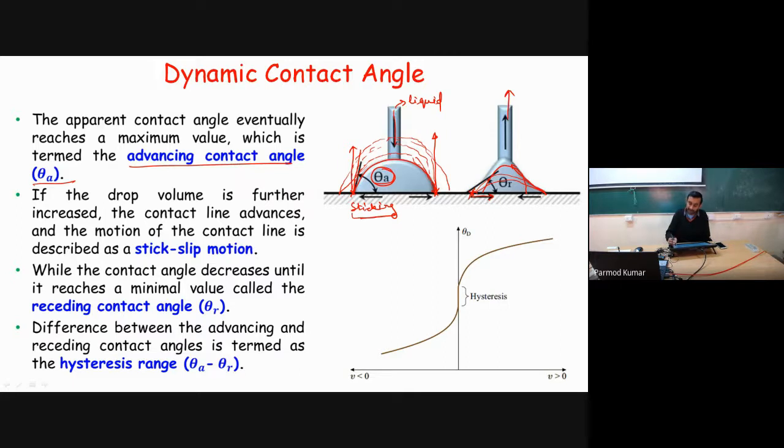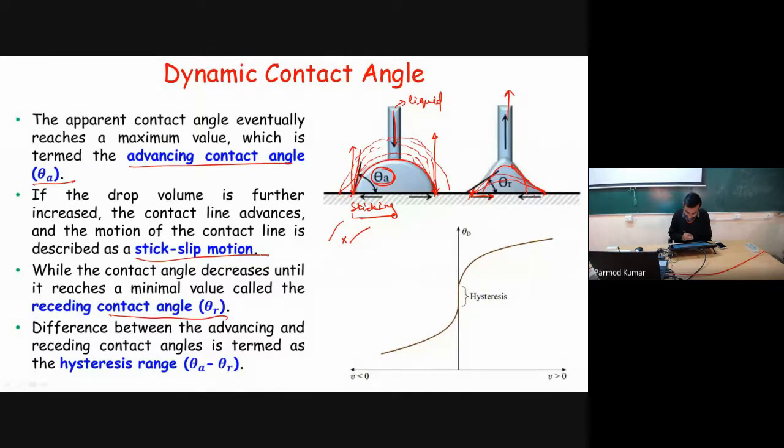The minimum value of contact angle at which this happens on a surface is called the receding contact angle. This type of motion of the contact line, where it sticks to the surface and then either extends or retracts, is called stick-slip motion.